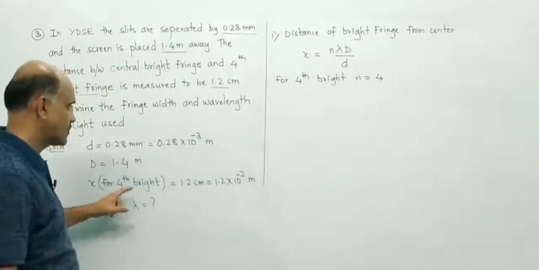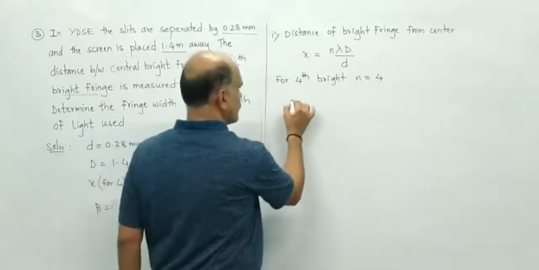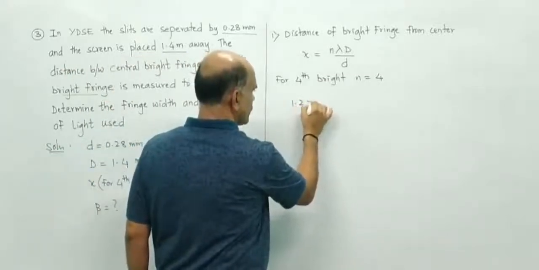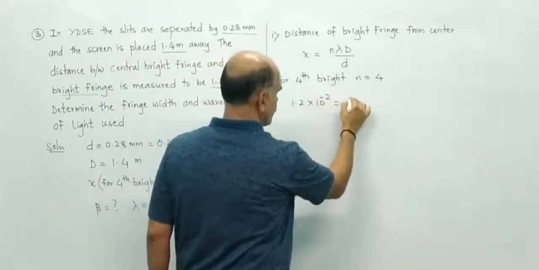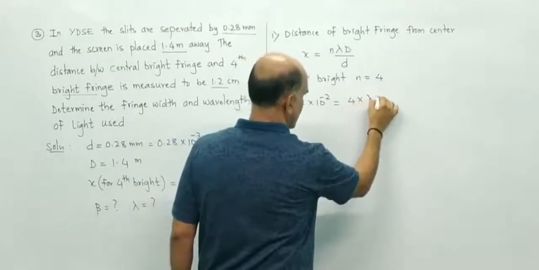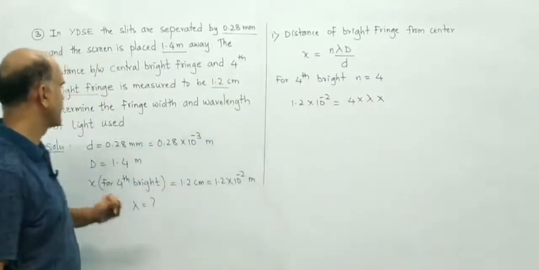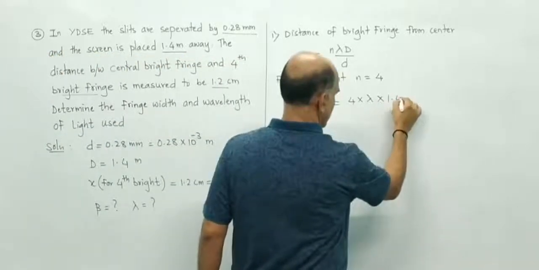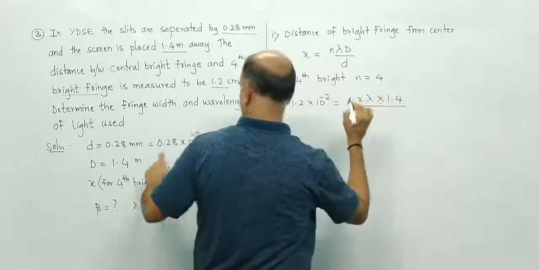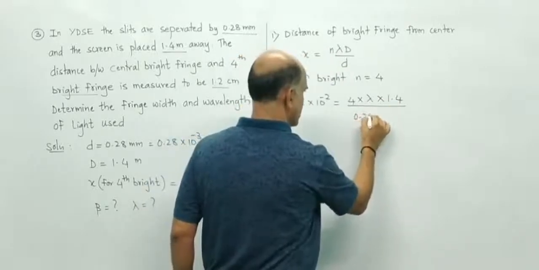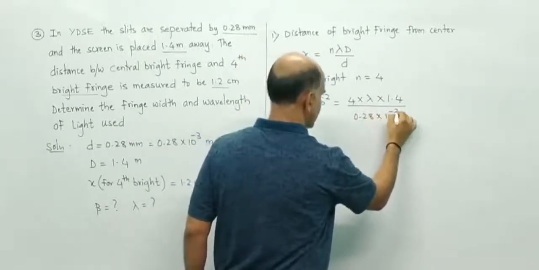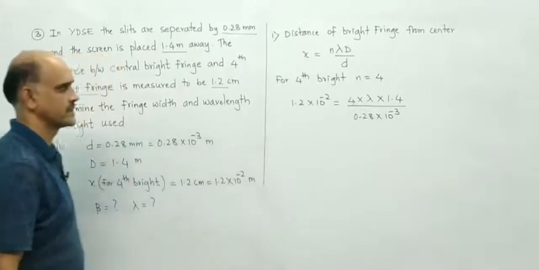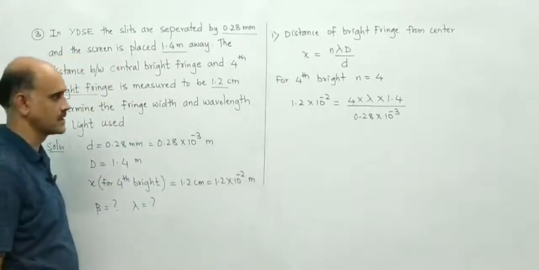So x is equal to 1.2 into 10 raised to minus 2, 4 into lambda into capital D. Capital D is 1.4 divided by small d is 0.28 into 10 raised to minus 3.